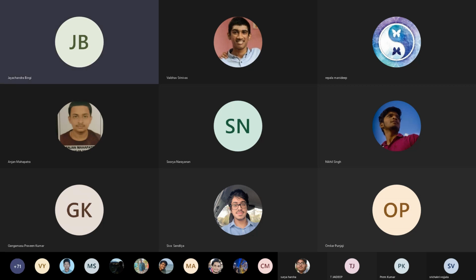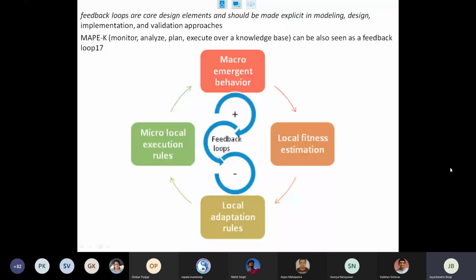I shared the entire screen, I think now we're fine. Am I right? Is the feedback loops slide visible? Why is this taking so much time? Yes, sir, it's visible.